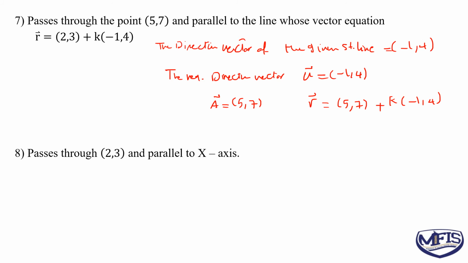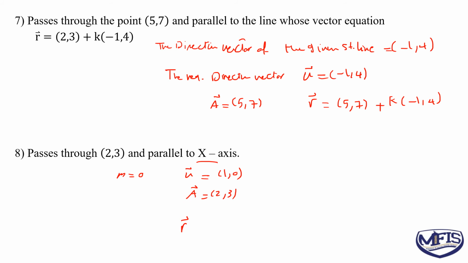And we have passes through the point (2, 3) parallel to the x-axis. Parallel to the x-axis, it means the slope of the required equation m equals 0, which means the u vector will be (1, 0). So we have A equal (2, 3).